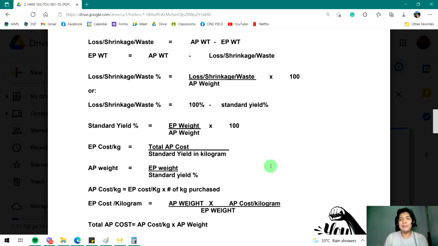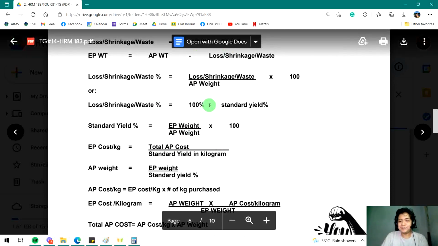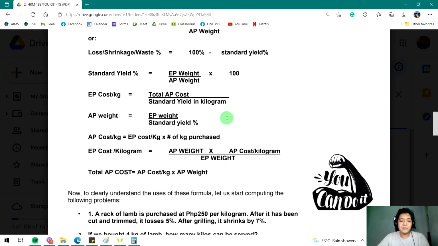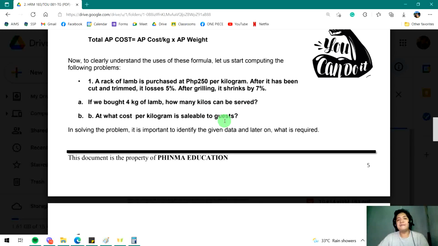So it doesn't really matter if you memorize the formulas. What's better is you understand how the formula works. So, ayan. Marami kayong formula na pag-aaralan.